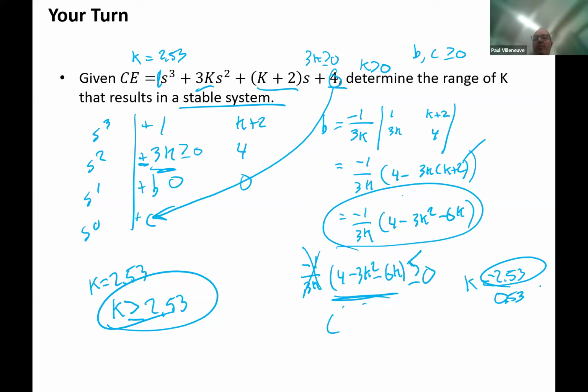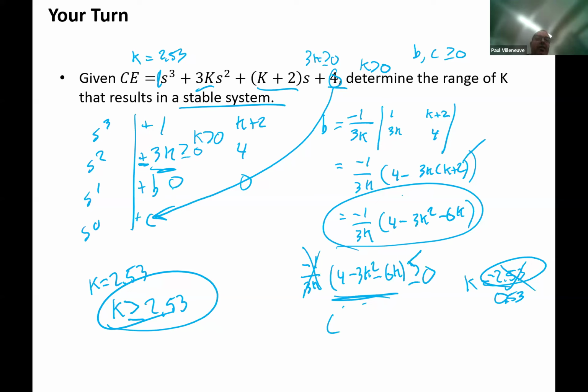So if I plug in 2.53, is 3 times K going to be greater than 0? 3 times negative 2.53, would that be greater than 0? No. So I can't be here. This tells me that at least K has to be greater than 0, right? That one's in the trash.